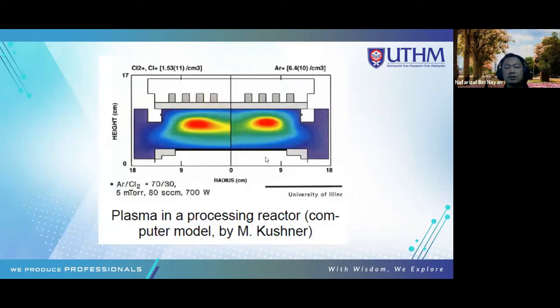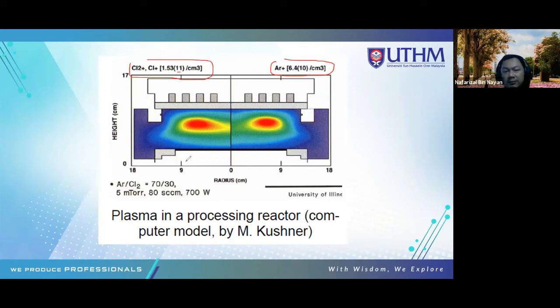As mentioned, I showed this figure last time. This is a plasma in the lab. Most of the time the density inside this plasma is in this range. The argon ion density is 4 times 10 to the power of something per cubic centimeter, whereas the chlorine ion is 1.5 times 10 to the power of 11.